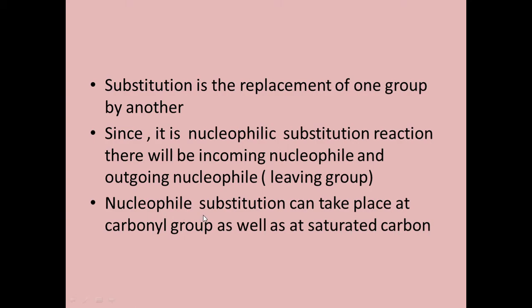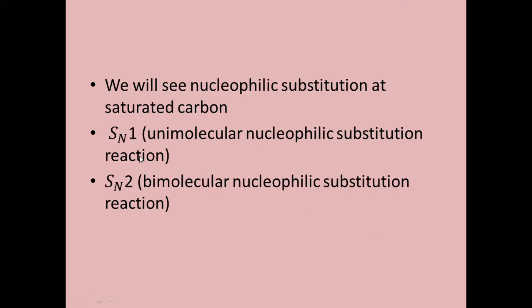Nucleophilic substitution can take place at the carbonyl group, that is C double bond O, as well as saturated carbons, that is tetrahedral carbons. In saturated carbon there will be SN1 reaction and SN2 reaction.